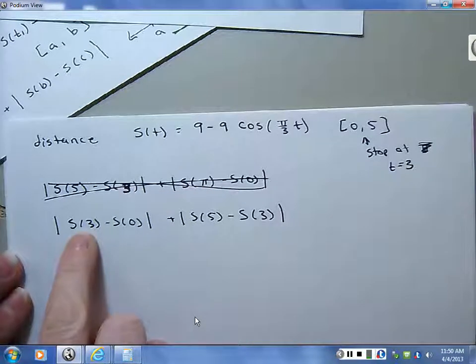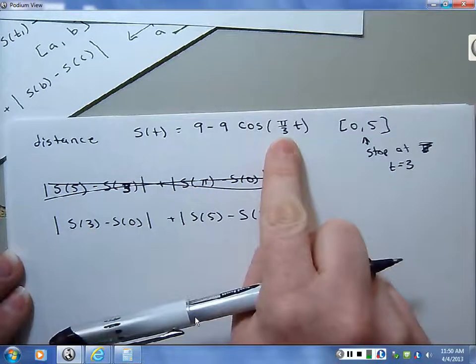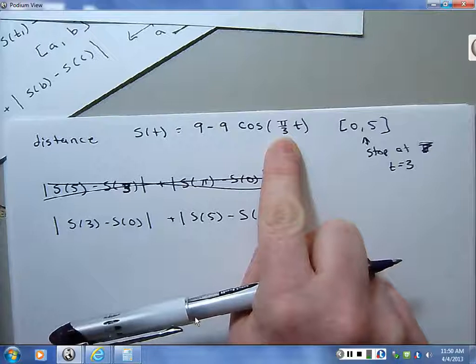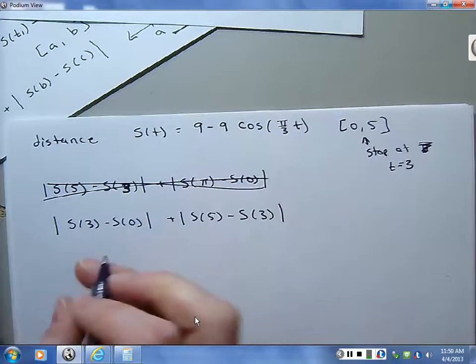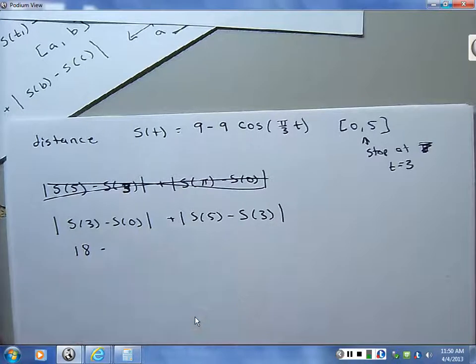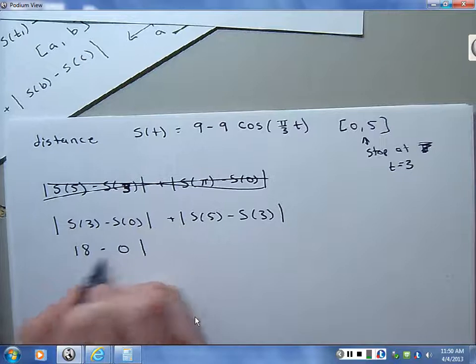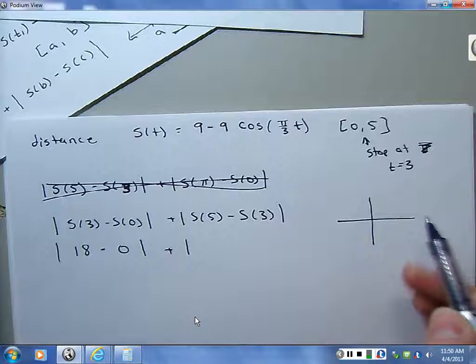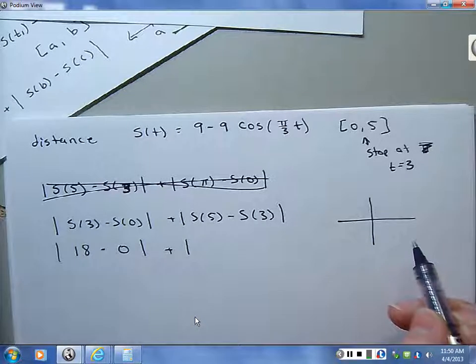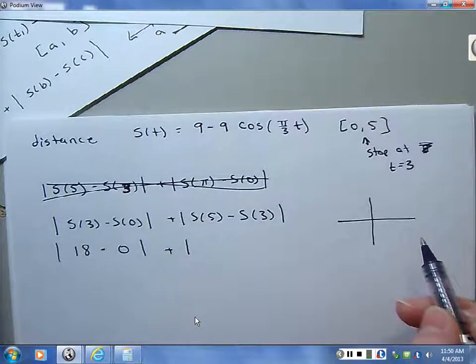What is s of 3? So what is cosine of pi? Cosine of pi is minus 1. So I'd have 9 plus 9. So it's 18. Minus at 0, cosine of 0 is 1, so I have 0 here. Plus at 5 pi over 3. Okay, so 5 pi over 3 would be pi over 3 short of 2 pi.